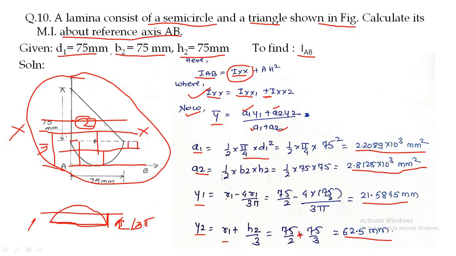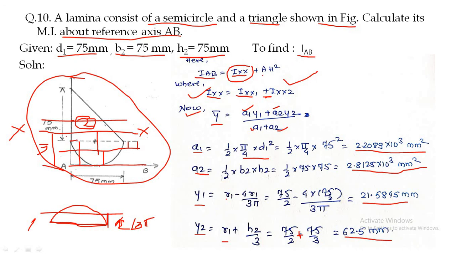This axis AB is parallel to the horizontal centroidal axis of the whole plane, the XX, so we have to use the parallel axis theorem here. As you can see, in the beginning we wrote the formula IAB as Ixx plus AH square.